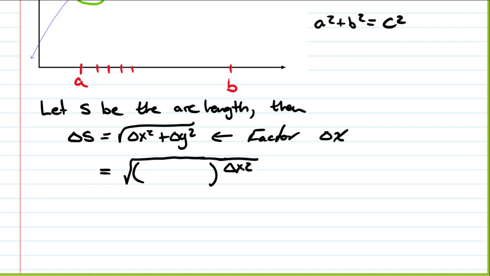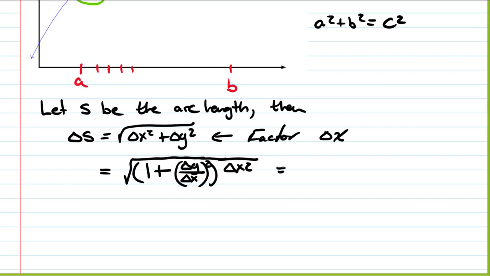Out of our first term we have a delta x squared, and if we factor out a delta x squared, that leaves behind a 1, plus the delta y squared doesn't have any delta x's, so that would be delta y over delta x quantity squared. And we can check by distributing that back in that if we did, the delta x's in the denominator of the second term would cancel out, and we would end up with delta x squared plus delta y squared, right? So it's the same thing.